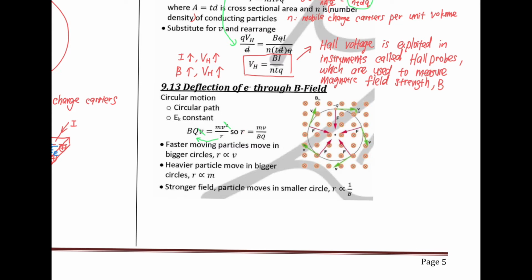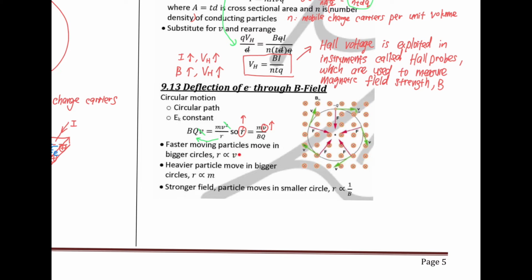If the velocity is greater, then the R is greater, provided that the mass of the moving particles, the B, the magnetic field strength or magnetic flux density, and the Q, the charge of the moving particles, are constant. Then we can say that R is proportional to V.